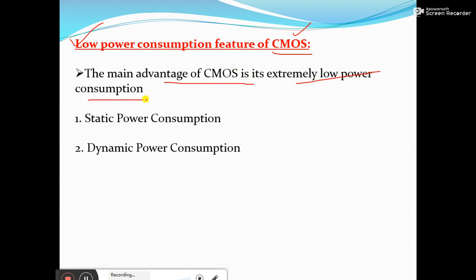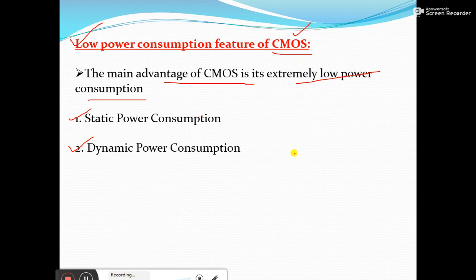The power consumptions are basically classified into two types: static power consumption as well as dynamic power consumption. These two are discussed with respect to the popular CMOS device that we use in our electronics, the inverter. So let us discuss these two features considering the inverter.